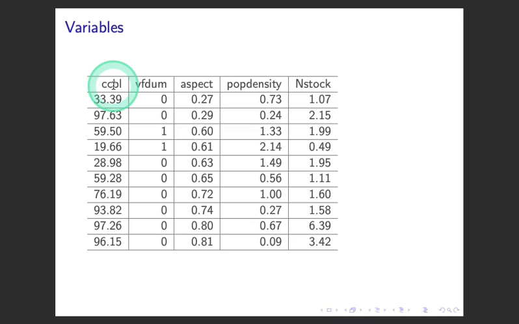We want to compare the crown cover between village forests, which are 1 with the village forest dummy, and state forests, which are 0 in terms of the village forest dummy. Then we have these three variables which have an effect on the crown cover: aspect, population density, and neighboring stock.